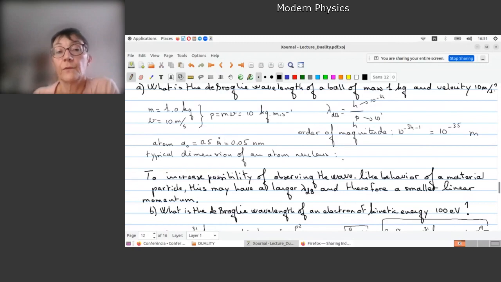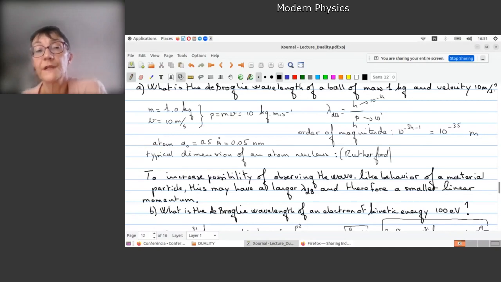What are the typical dimensions of an atom nucleus? Remember when we studied Rutherford, we saw that we could have an idea of the typical dimension of an atom nucleus through the calculation of the smallest distance a helium nucleus could get close to a nucleus in a collision, and we found that this was of the order of 10⁻¹⁵ meters.